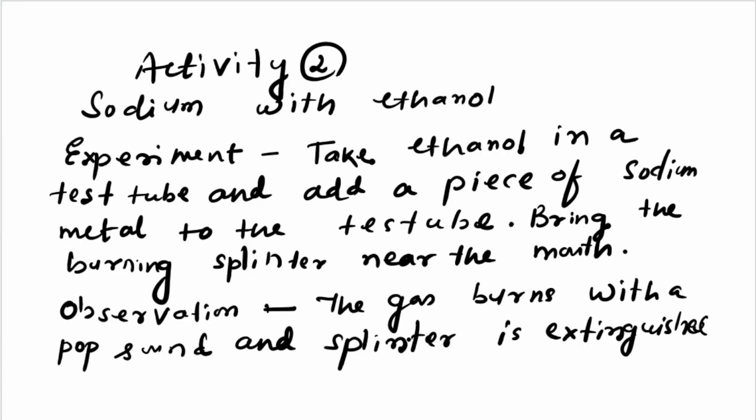That is why you take ethanol in a test tube and add a piece of sodium, but the teacher should be there. Bring a burning splinter near the mouth. If you add more sodium, it is dangerous because an explosion takes place. Add only a little piece, because you know sodium can be cut with a knife.